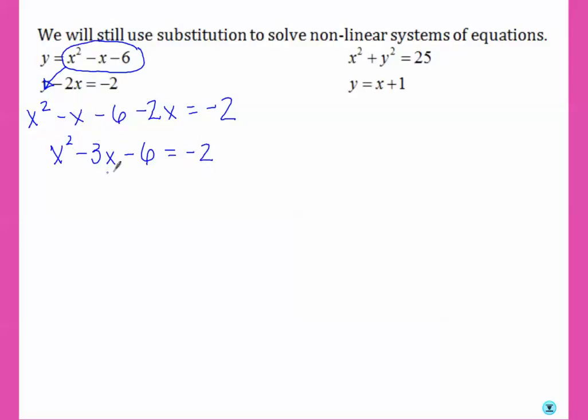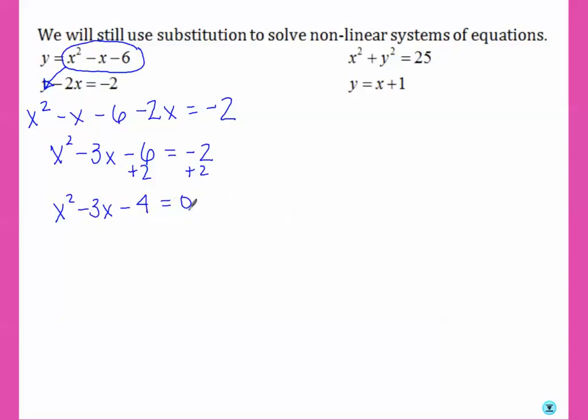Since we have x squareds and x's, we know we need to either factor, complete the square, or use quadratic formula to solve. 2 out of 3 of those involve making our equation equal 0, so I'm going to go ahead and add the 2 over. X squared minus 3x minus 4 equals 0.